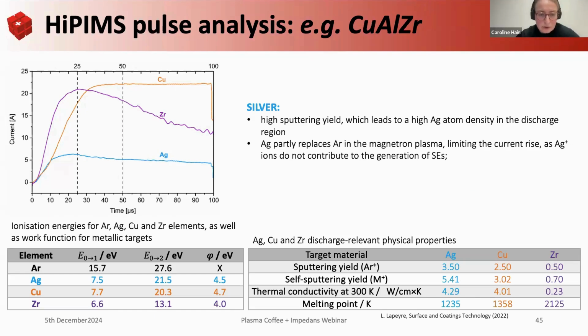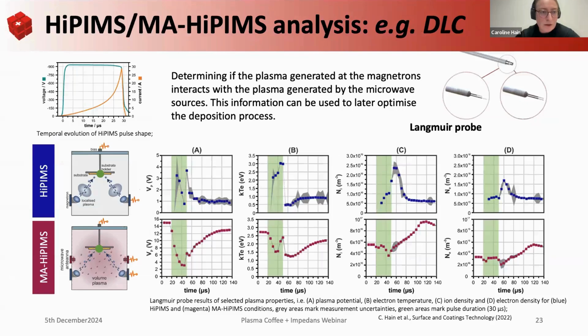Let me take a look at the carbon data. Here we didn't really have a delay, just a slow rise. Here we sputtered with argon only, so there was no hydrogen inside the film. Though I have done work where, apart from argon, we had methane or acetylene, and we didn't observe any time lags in that case. The discharge waveform looked quite similar.